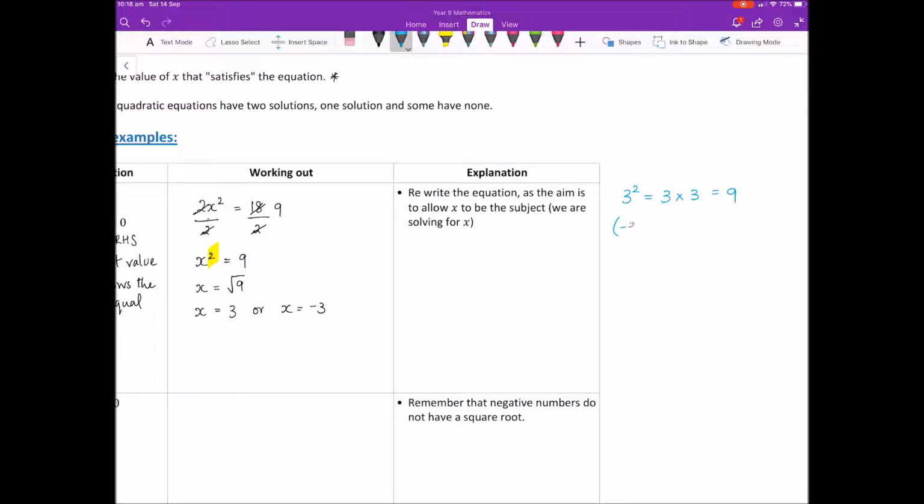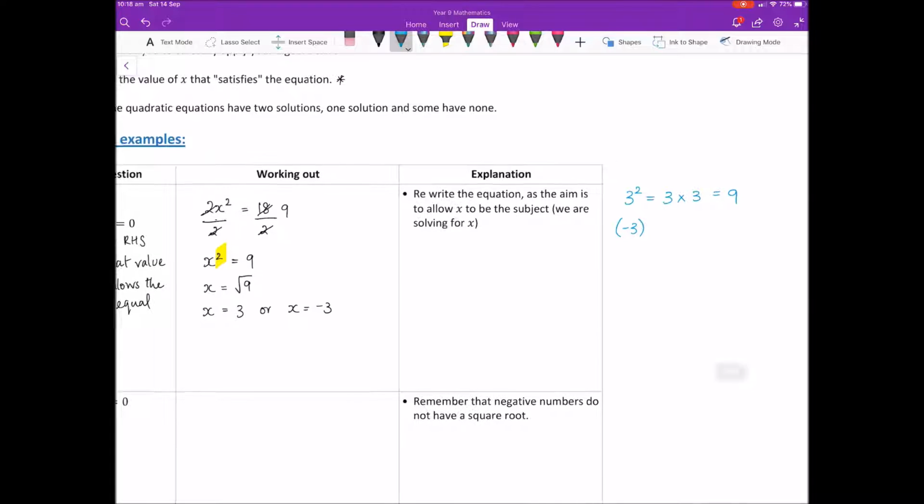I could do the same thing by doing negative 3 to the power of 2, which is the same as saying negative 3 times negative 3, which also gives me 9. So we need to acknowledge the fact that x could be either positive or negative, because when we're squaring the two together, we're going to result in a positive 9, whichever way we go.